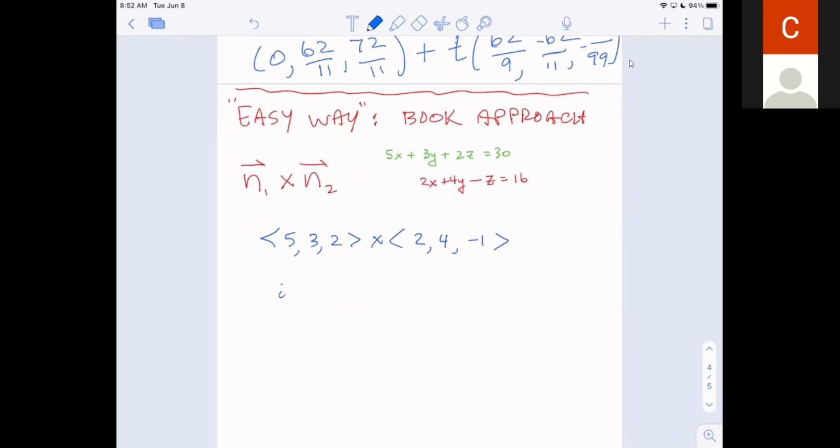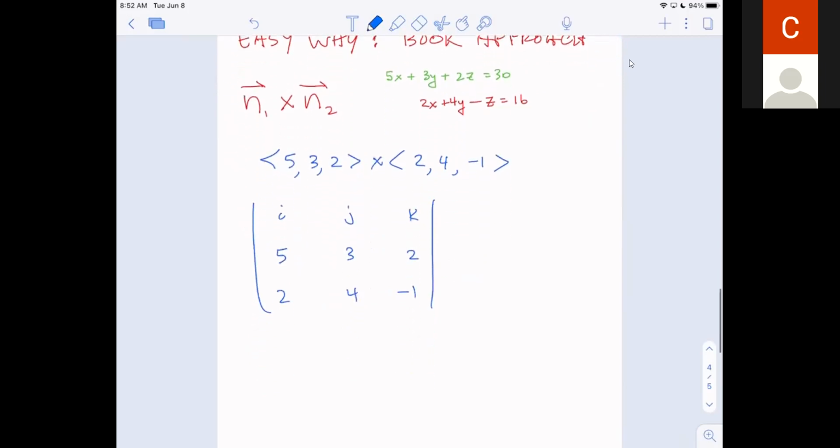It involved IJK, 5, 3, 2, 2, 4, -1. So again, I'm going to make the mistakes that I often make, which is go too fast here, but I'll try not to screw this up. So that'd be -3 minus 8, which would be -11. So my x coordinate of my cross product is -11.